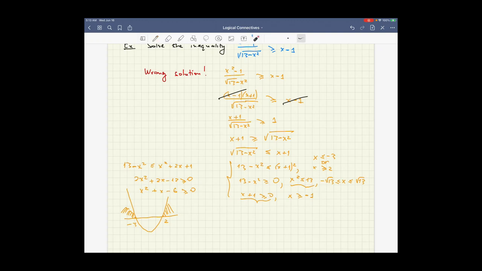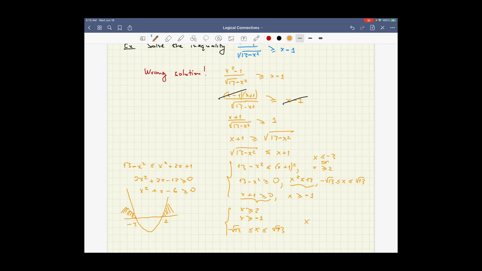Well, x cannot be less or equal to negative 3, because it has to be greater or equal to negative 1. So we must therefore have x greater or equal than 2, x greater or equal to negative 1, which is automatically true, and x between negative root 13 and root 13.